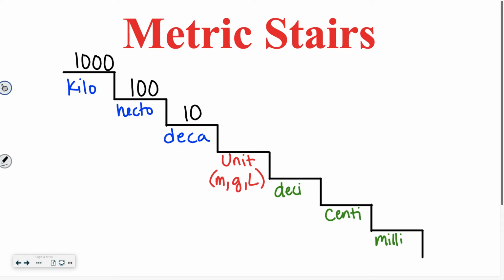Then deci would be going the other way. You're getting smaller, so you change it to a decimal: 0.1, 0.01, and 0.001. Those metric stairs are made to help you convert between the two. Another good thing to take a screenshot of or write down on your own.